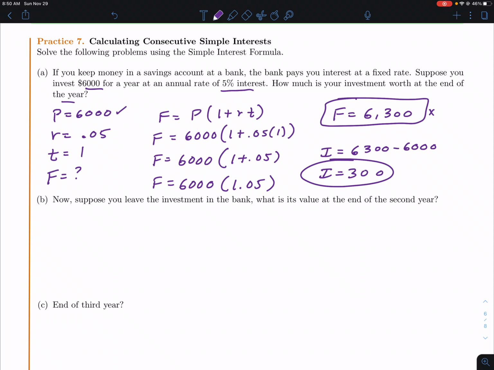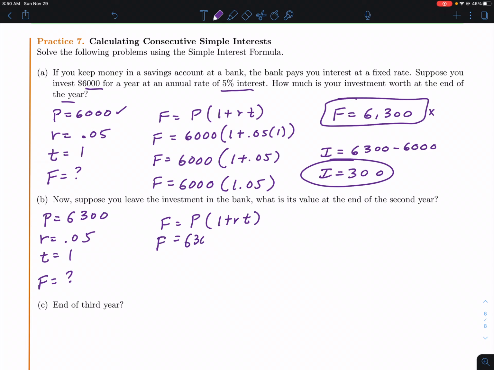Again, assuming everything else is the same other than the P. In this case, we've got a new P because we've earned that extra 300 dollars, but our interest rate stays exactly the same. Our time stays the same. So what's our future value at the end of year 2? Again, do the same thing: P times (1 plus RT).